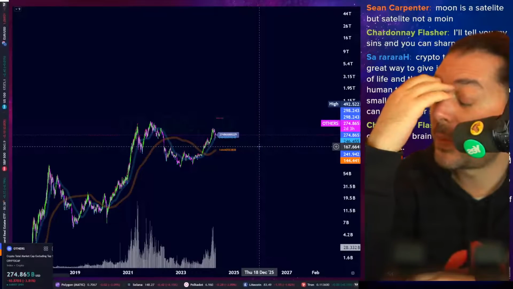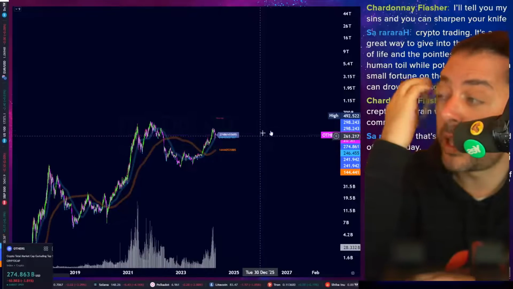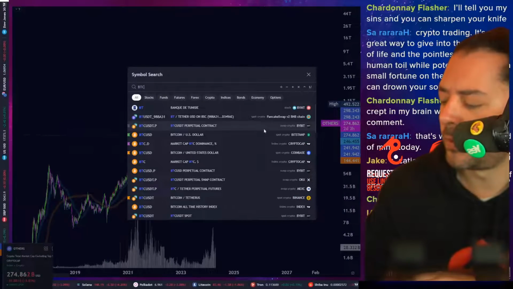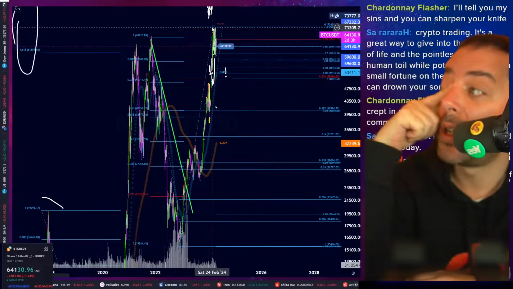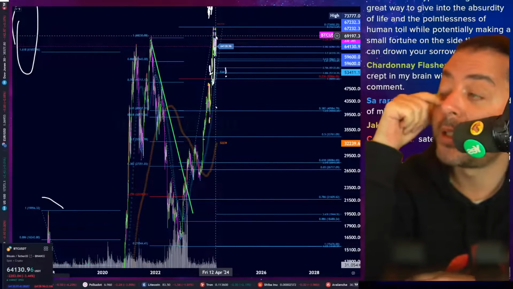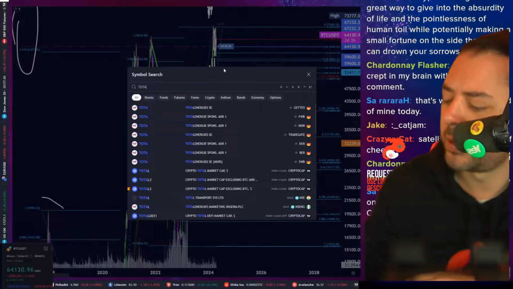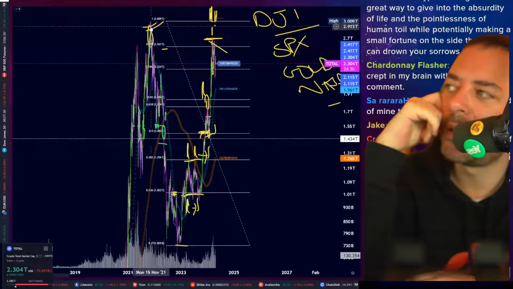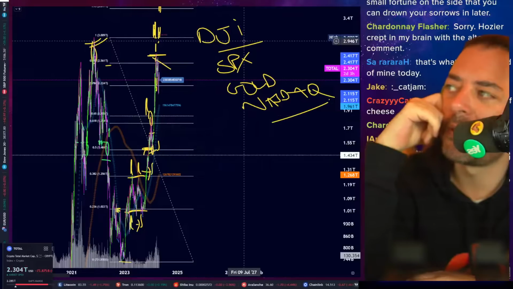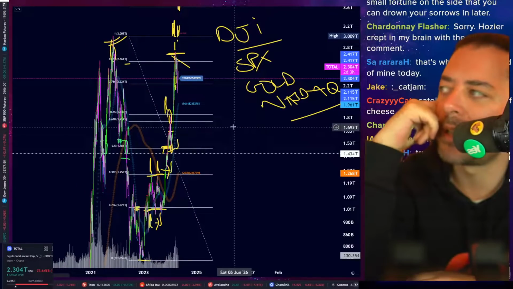The reason for this is that there's a little bit of worrying in the air. Bitcoin made it to all-time highs and pulled back. The total market cap chart never made it to all-time highs, despite the fact that Dow Jones, SPX, Gold, Nasdaq, etc. did.